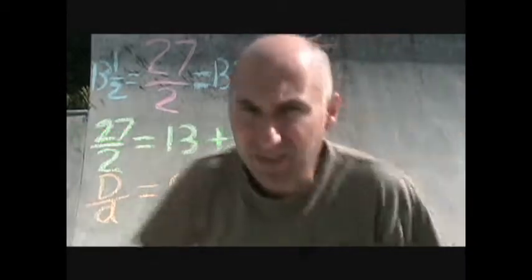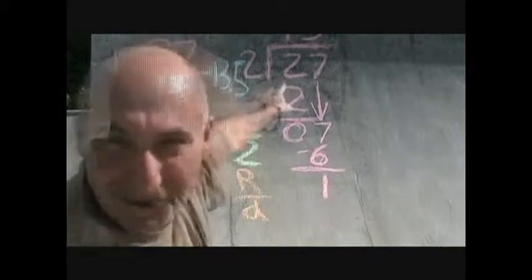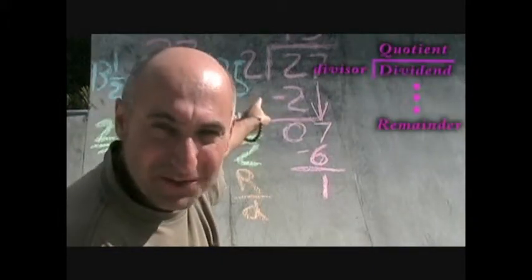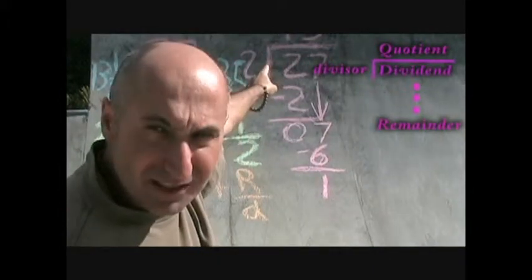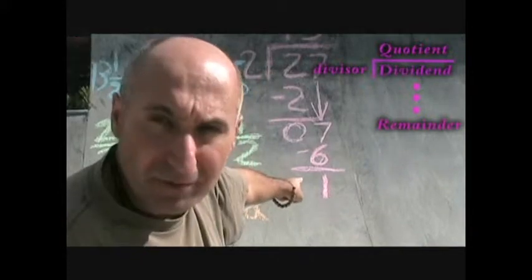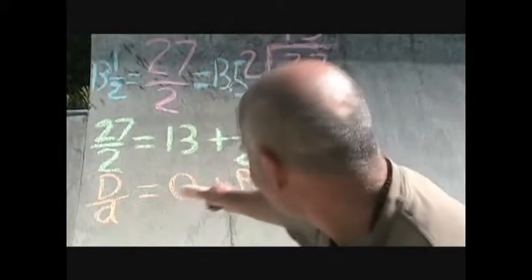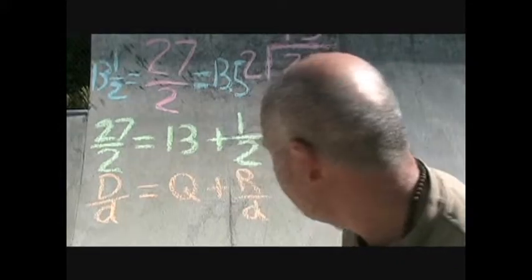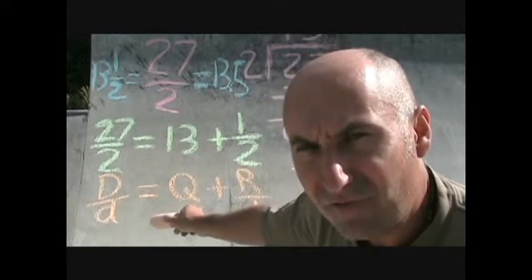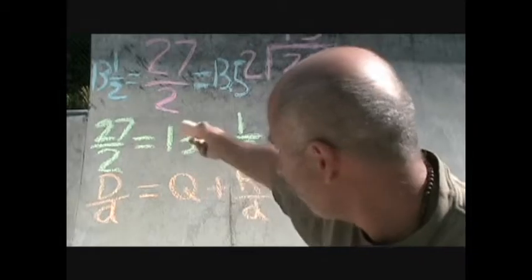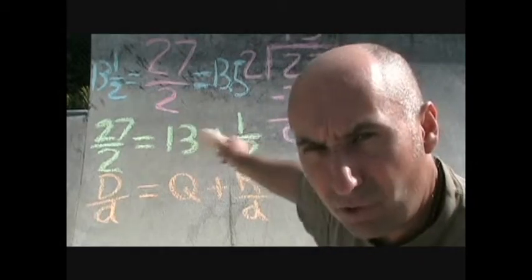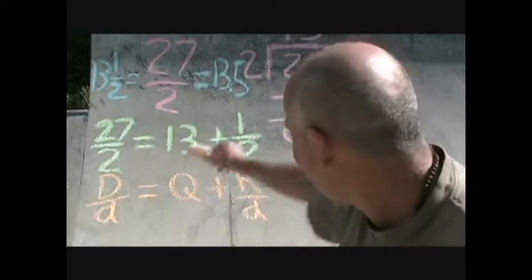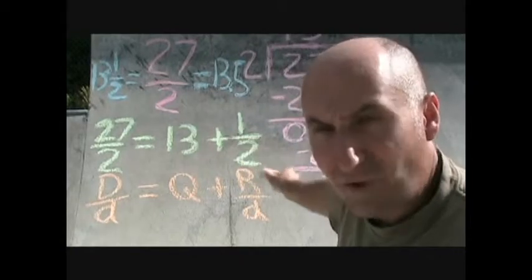Which is exactly what we had over here with the pink. 27 is your dividend, 2 is your divisor, 13 is your quotient, and 1 is your remainder. And because we don't like fractions, we can multiply both sides of the equation by the divisor, the small d. Or you can think about it as multiplying the top by 2. And that will get rid of our fractions.